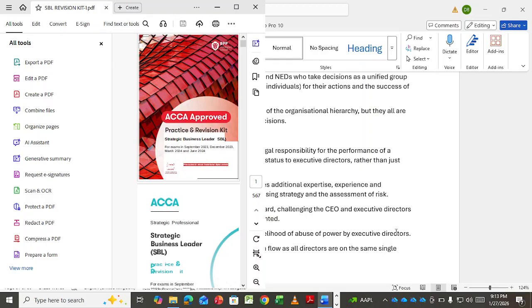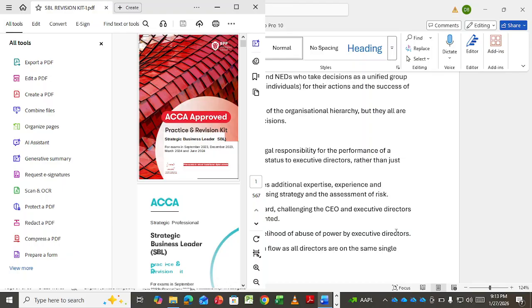Unitary board arrangements reduce the likelihood of abuse of power by the executive directors, since they know that they are not the sole people that are responsible for the running of the company.